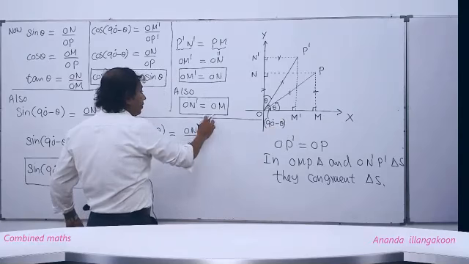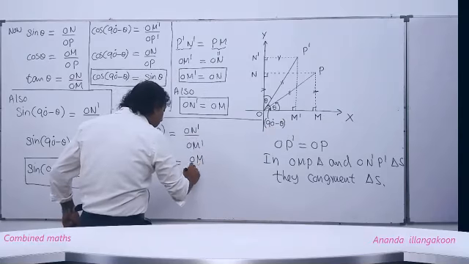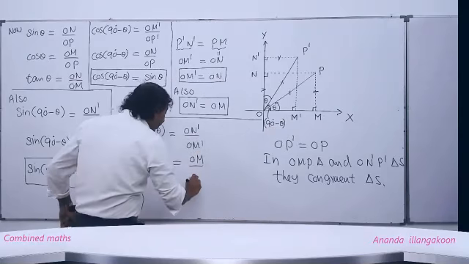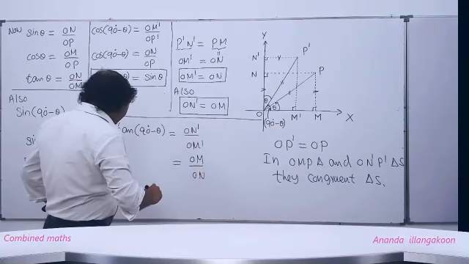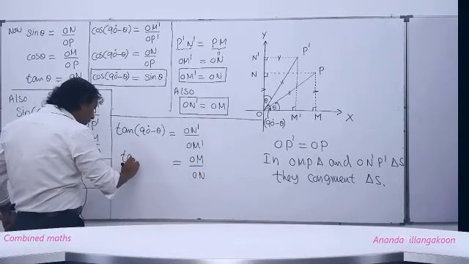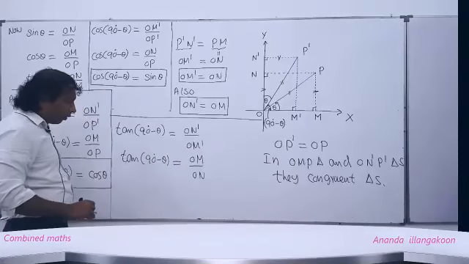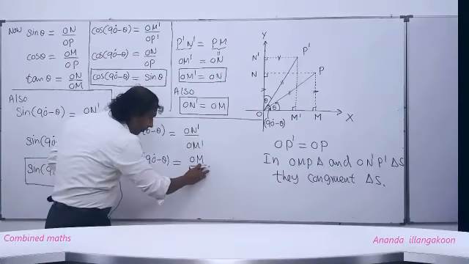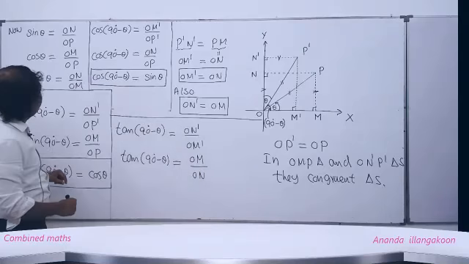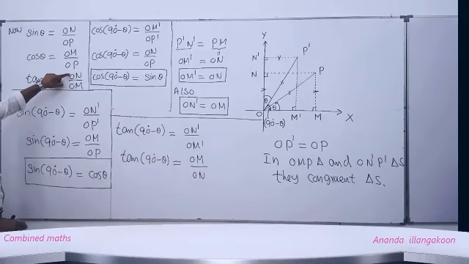People, ON dash is OM, and OM dash is ON. Tan(90 minus theta) is now this. What is OM by ON? Really, the other way around we have here: ON divided by OM. It is tan theta.